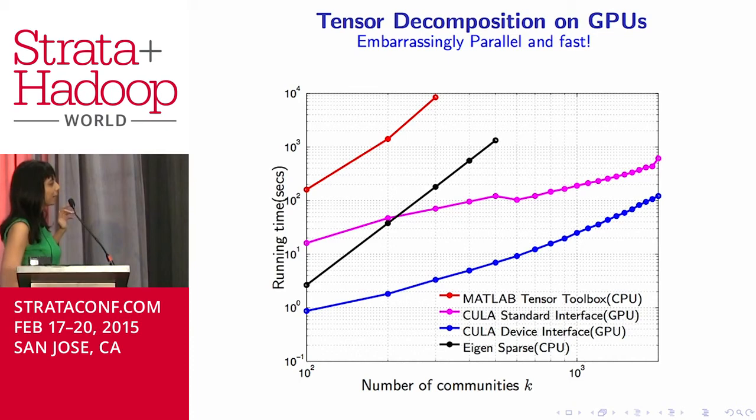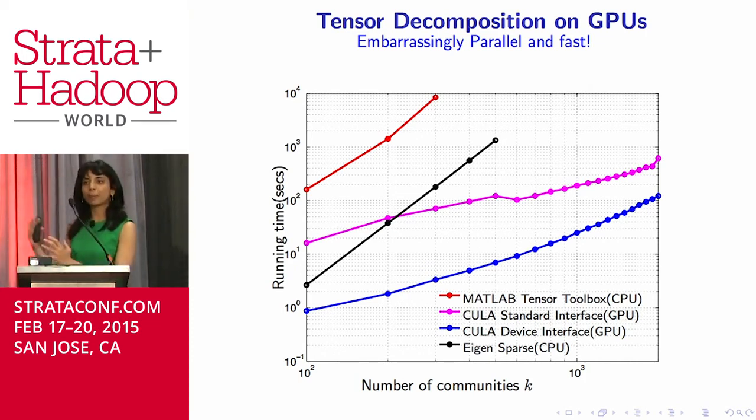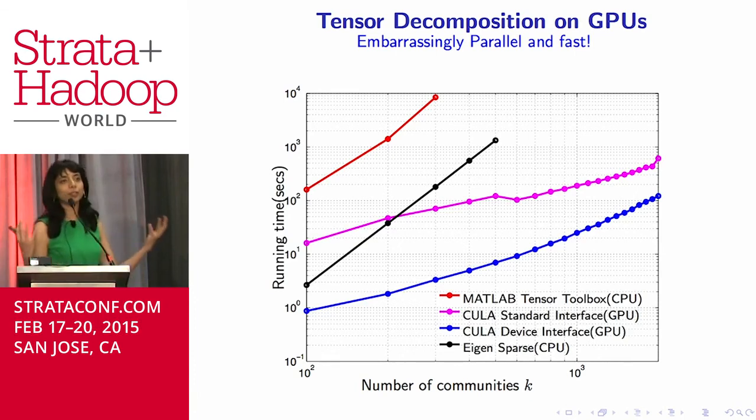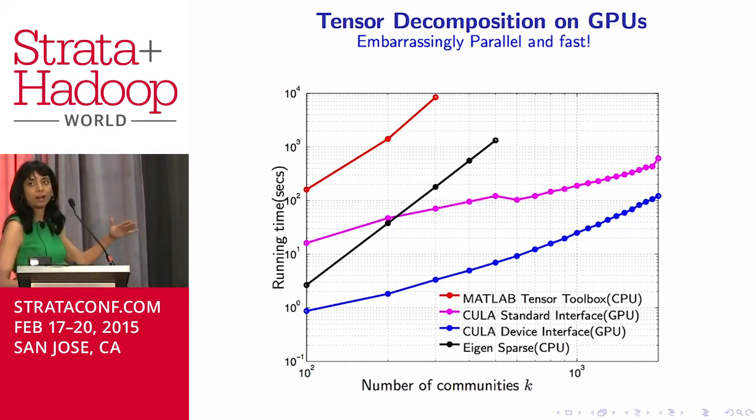Here we see the best scalability is when you run this on CUDA, which is a linear algebra library for GPUs. And if you do device level interface, meaning we optimize for communication between GPU and CPU, we can get very impressive gains in terms of being able to learn a large scale model with such tensor methods.